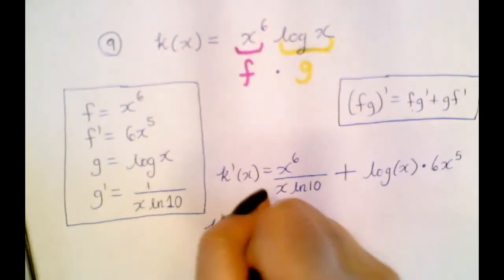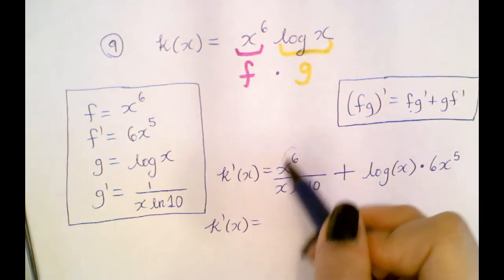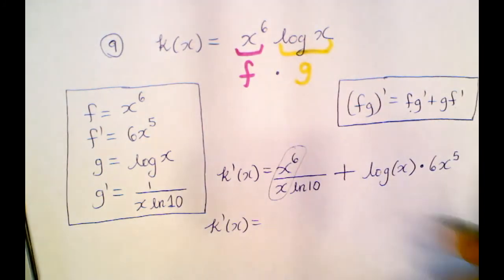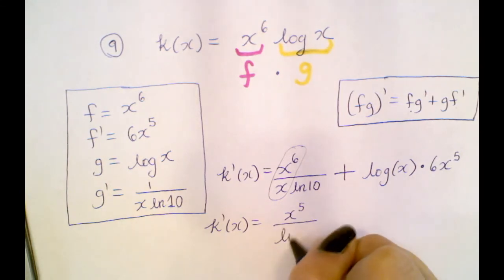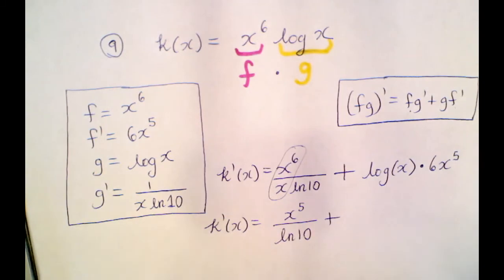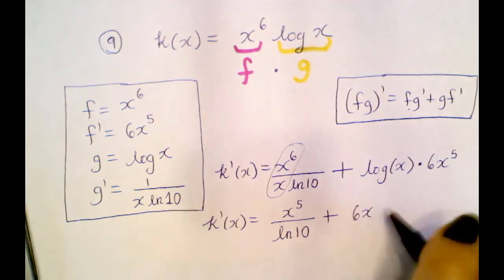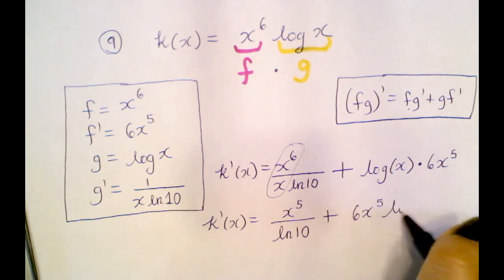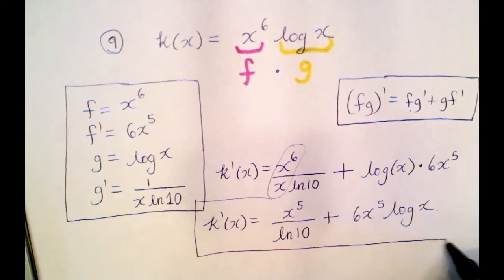So if I simplify this a little bit, x to the 6th and over x will turn into x to the 5th on top of the fraction. Natural log of 10 is still in the bottom, and that's fine, but I'll just write 6x to the 5th first. And that is it. That is our k prime of x.